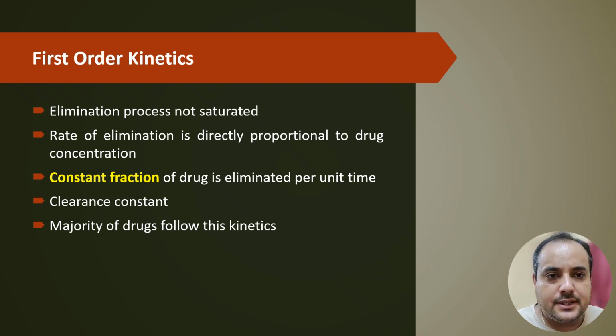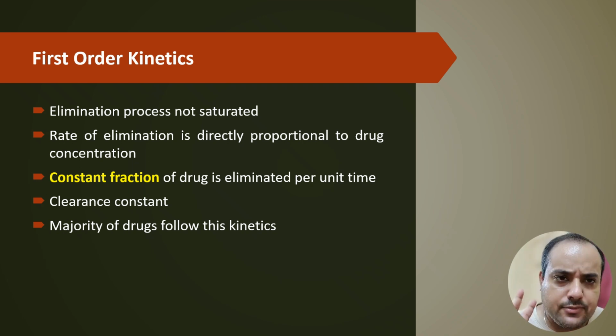Now, for the clearance to occur, some kinetics need to be followed by the drug, and there are two kinds of kinetics. The first is known as first order kinetics, and the other one is zero order kinetics. So let us discuss first order kinetics. We know that for the drug to be eliminated from the body, it is acted upon by some enzymes.